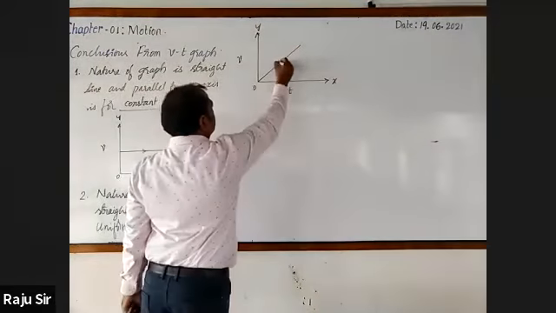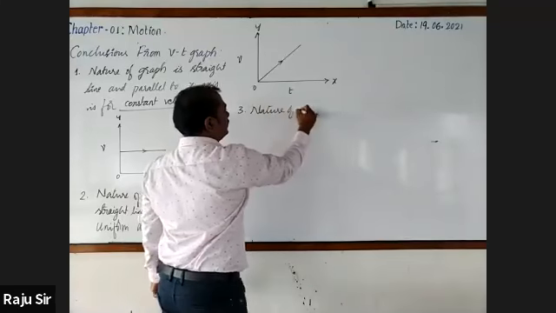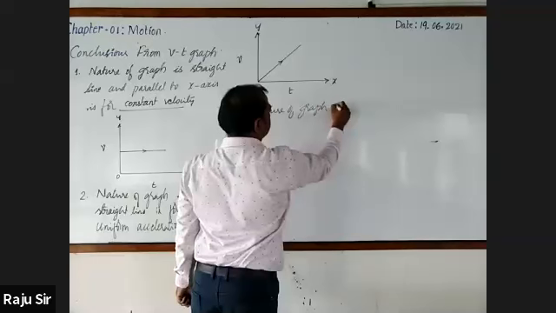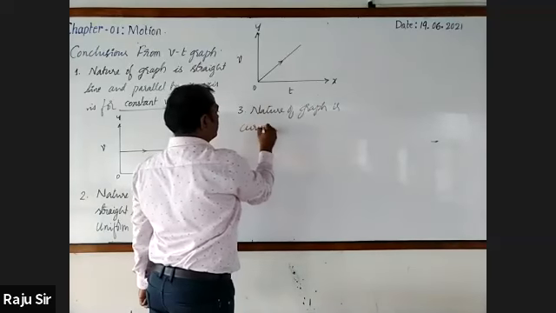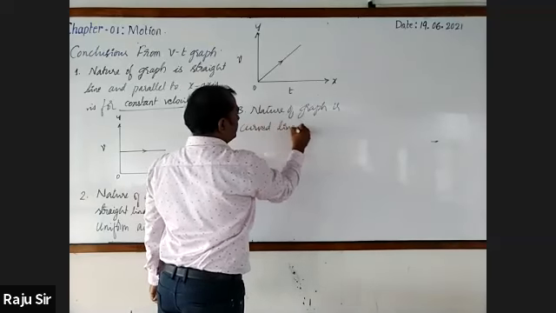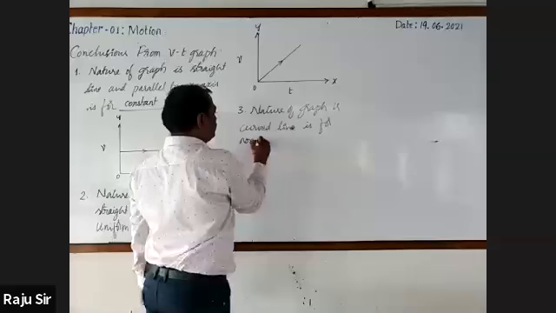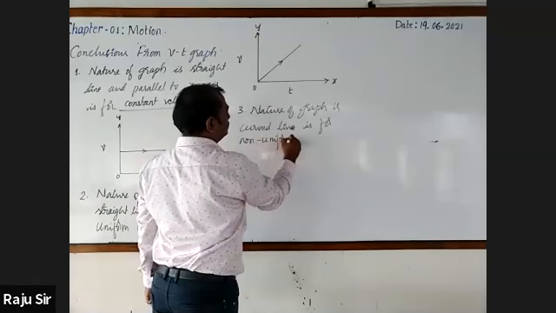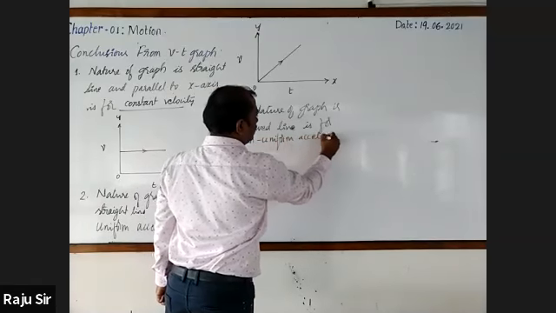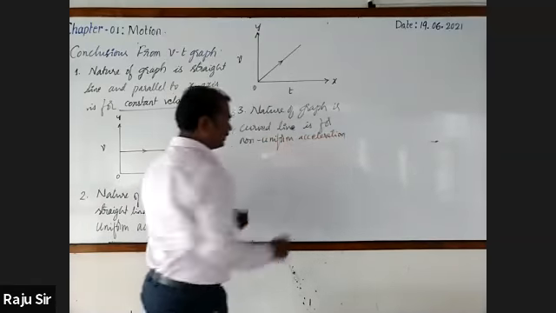Next. Third. Nature of graph is curved line. Non-uniform acceleration. Curved line is for non-uniform acceleration.